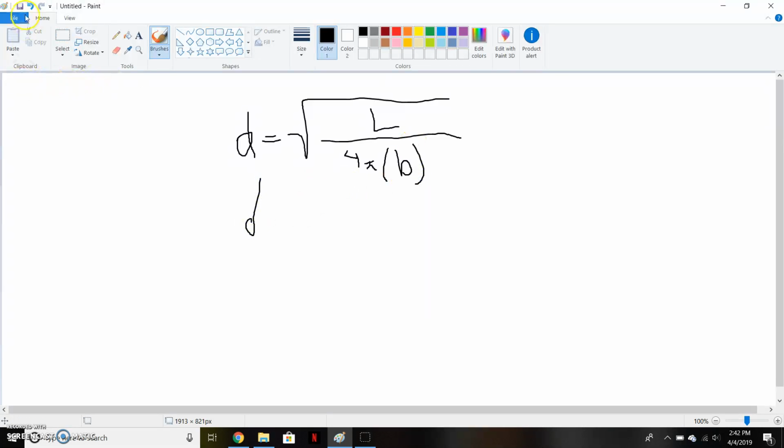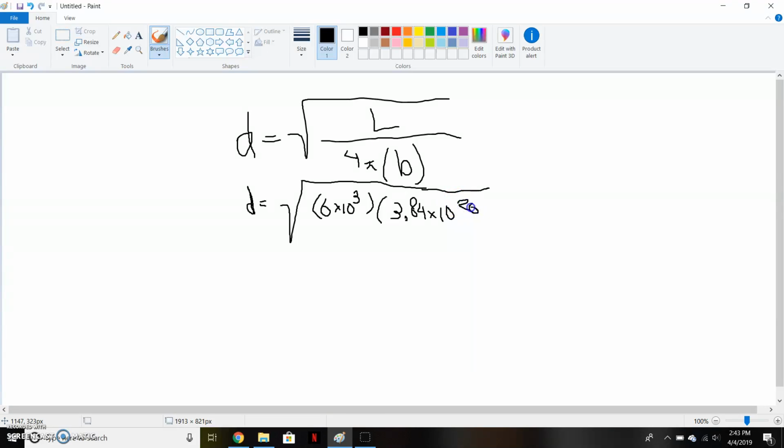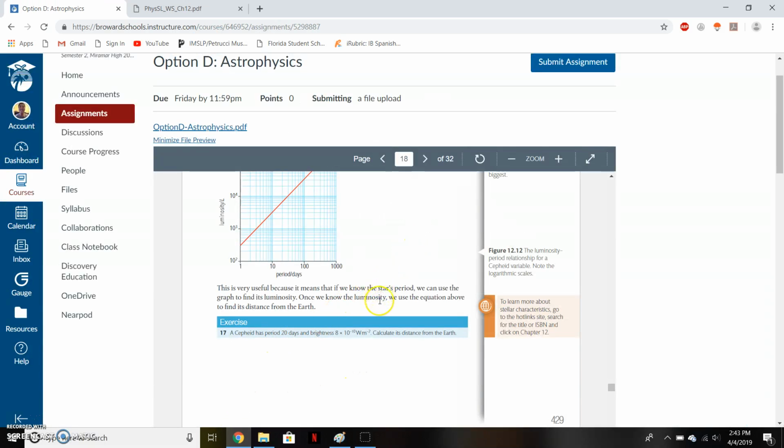In this case, we have two values for luminosity, and we multiply both, because the star is 6 times 10 to the third greater than the luminosity of the sun, and the luminosity of the sun is 3.84 times 10 to the 26, and this would be all over 4 pi, and they give us the brightness, so we can use that as the b value.